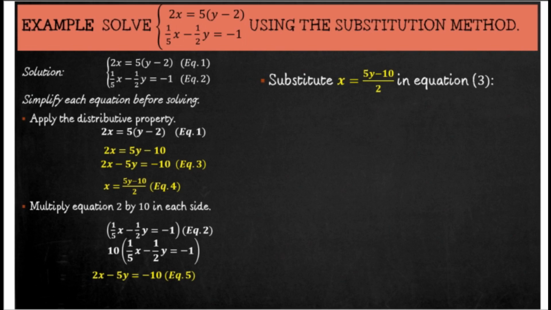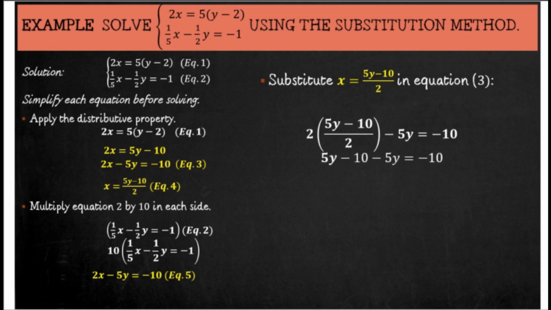Then substitute x equals 5y minus 10 all over 2 in equation 3. We have 2 times the quantity 5y minus 10 all over 2, minus 5y equals negative 10. The result is 5y minus 10 minus 5y equals negative 10.